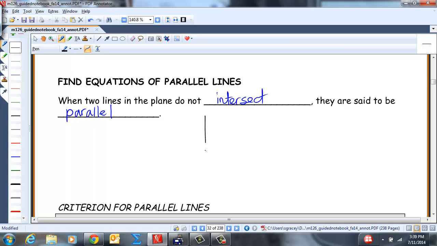So, if you have two lines, what needs to be true about these lines?